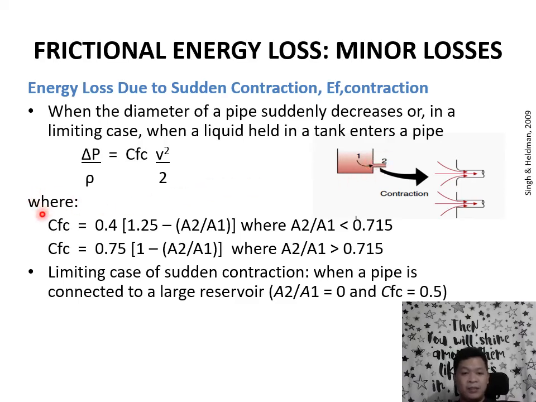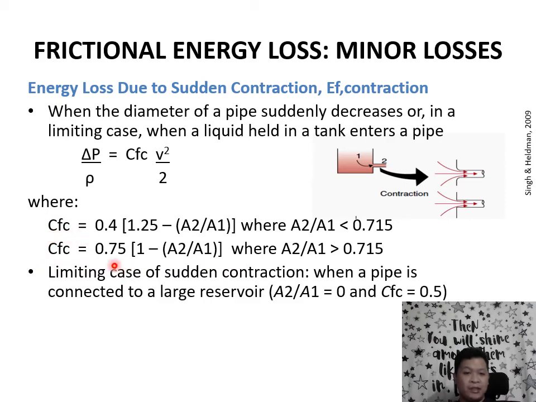So simple lang naman when you have minor losses due to contraction, depende sa ratio ng cross-sectional area A2 over A1 kung anong equation yung gagamitin mo. If A2 over A1 is less than 0.715, you use this. And if it's greater than, you use this.